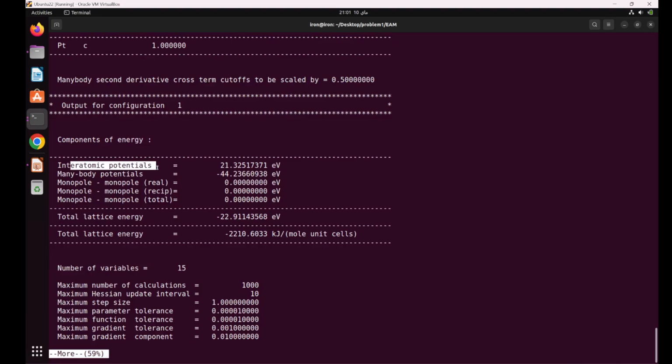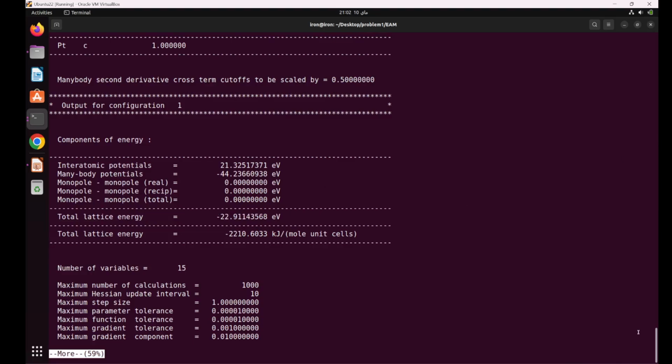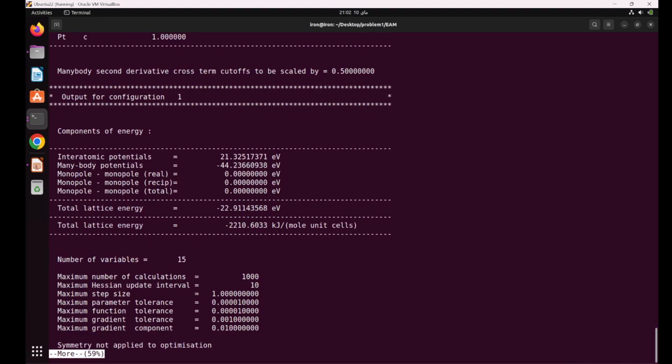Because there's no Coulomb here. The charge is 0. But then there is a many body potential contribution, which is minus 44.2 electron volt. And the sum of these gives you the net total lattice energy.